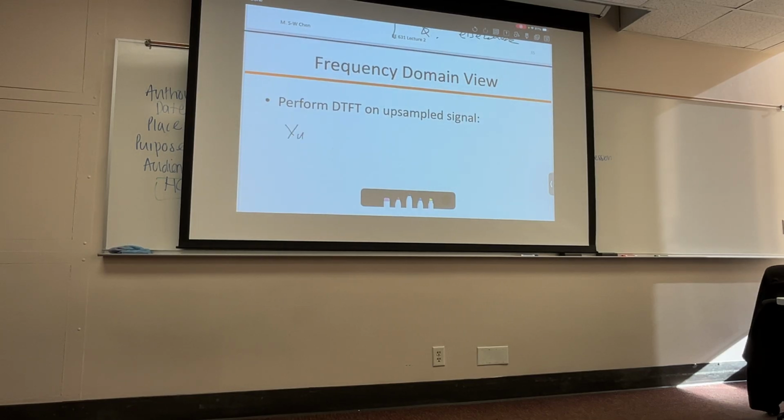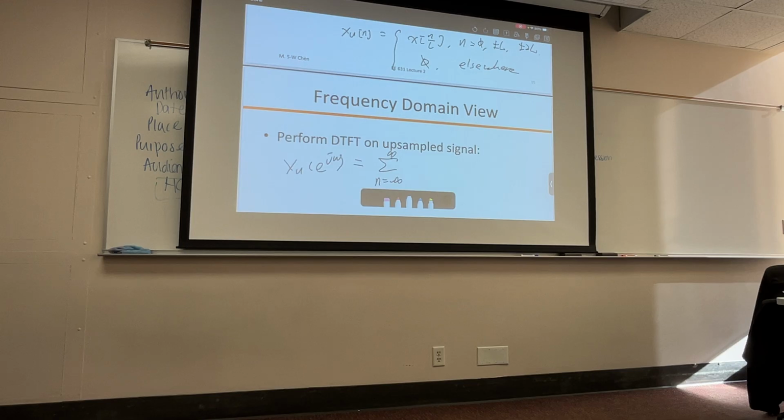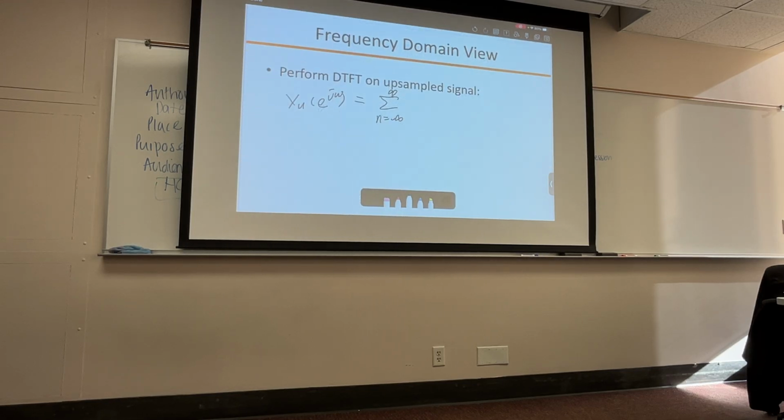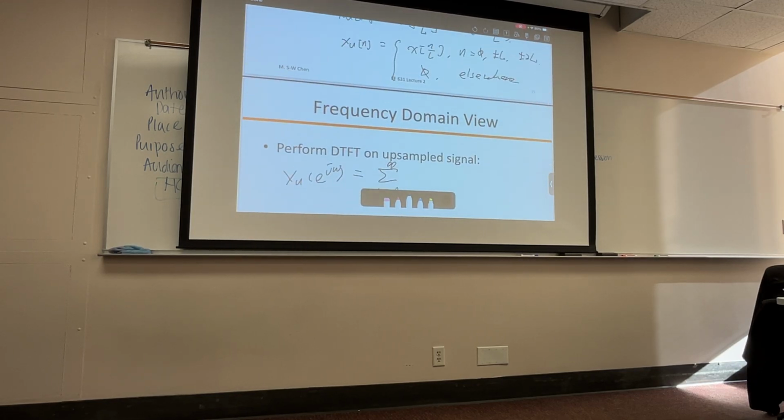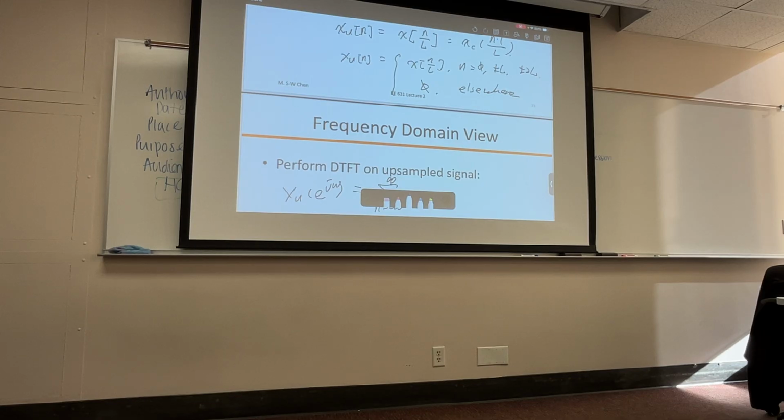So this upsampled spectrum is sigma, n from minus infinity to infinity. To express this upsampled signal, you have a value when n is an integer multiple of L, but elsewhere are all zeros, right?